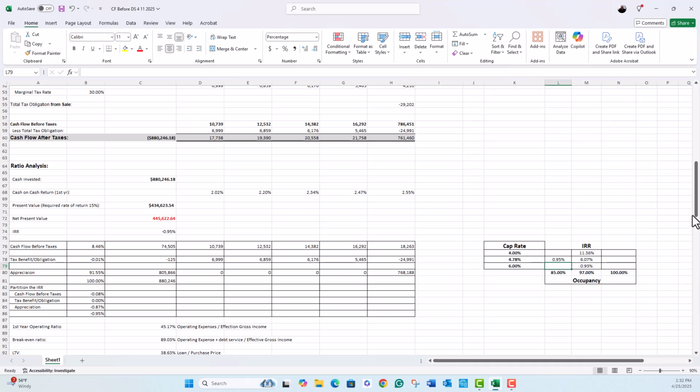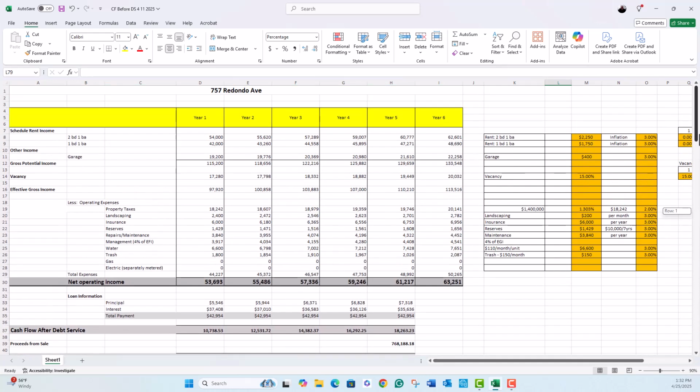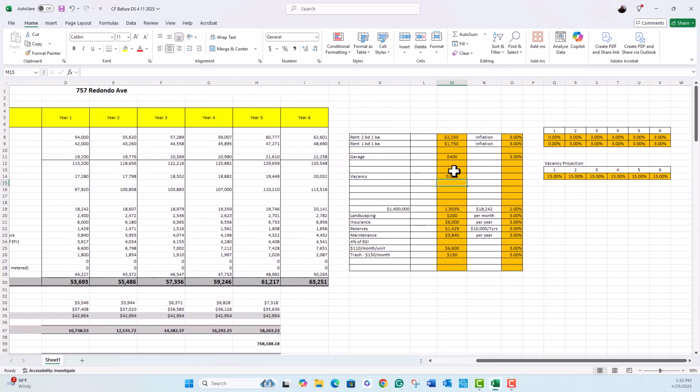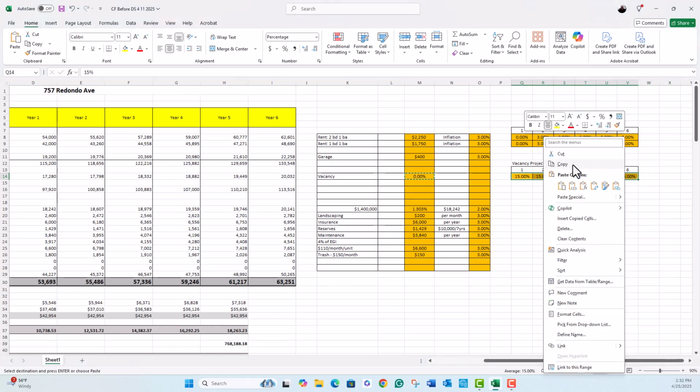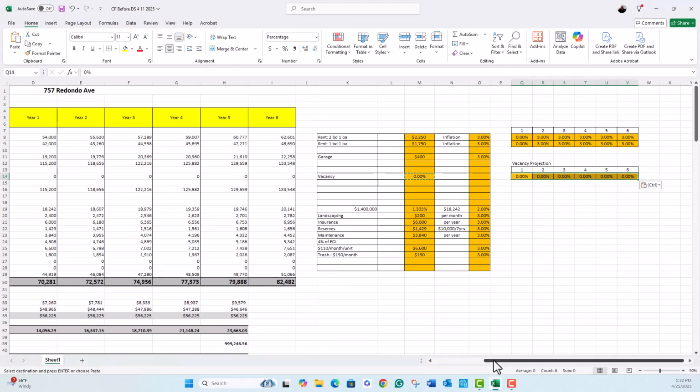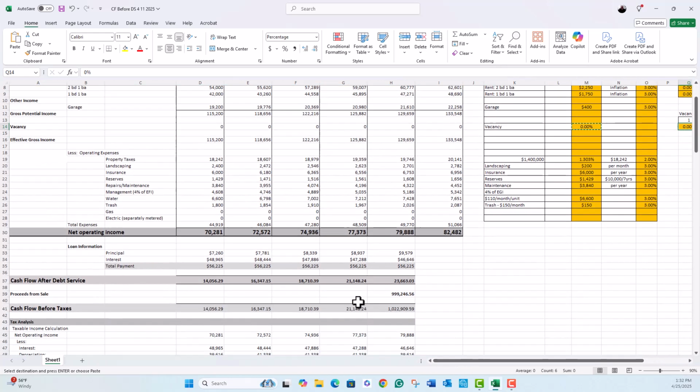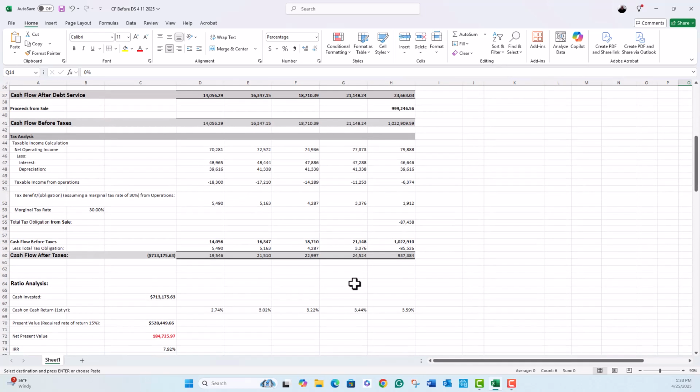Now, how about if the occupancy went to 100% with the same cap rate? Let's calculate that. The only thing you have to change is up here. So the vacancy is 0. And I am going to copy that. Now let's go back over to the internal rate of return.